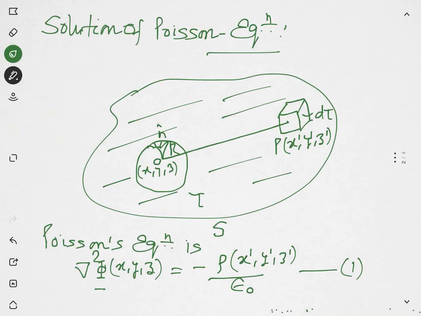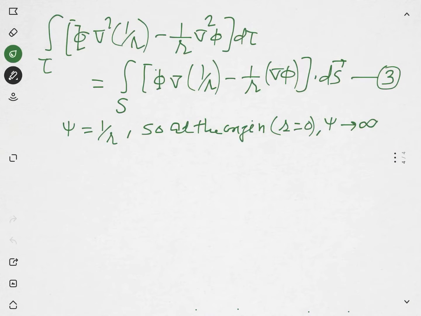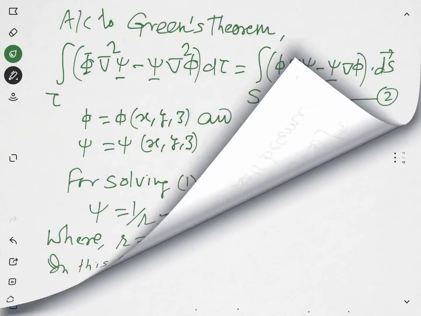In this condition, if we surround O by a small sphere of radius r and then apply equation number 3, which I have written above, then the volume tau is bounded externally by the surface S and internally by S1.